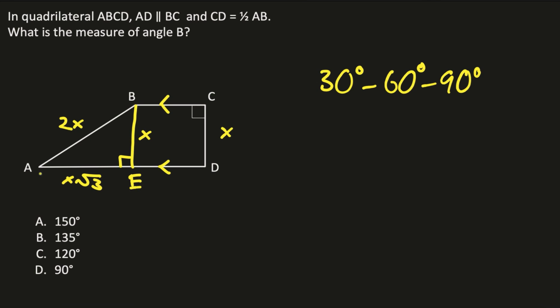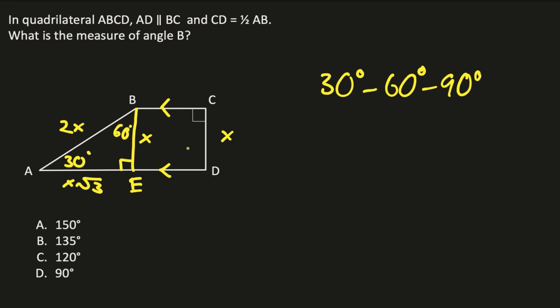Let's call that point E. So AE is x square root 3, meaning that if this is a 30, 60, 90, the smaller segment would be x, the second longest segment would be 60, and the longest segment, the hypotenuse, would be 90. So since we also have square BCDE, we can go ahead and form this right angle, which is 90 degrees.